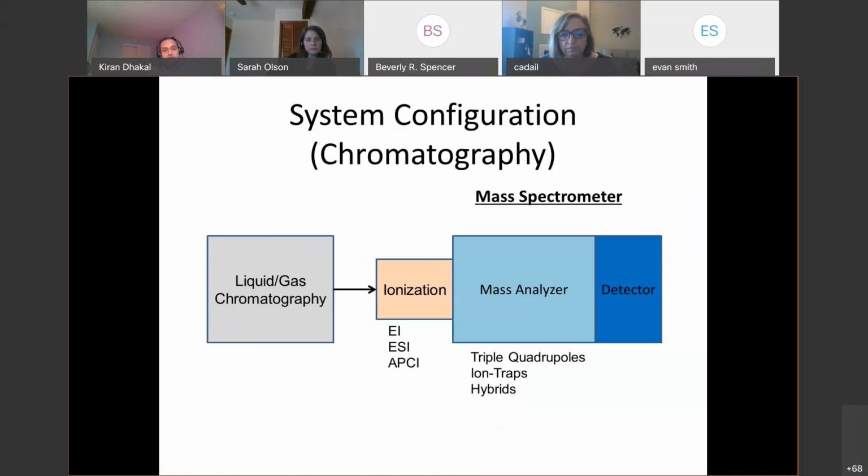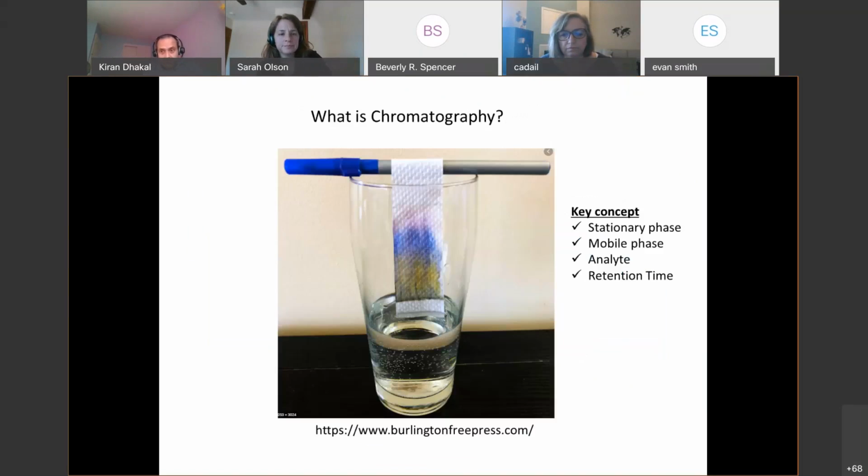Let's talk about the chromatography principle. This is a very simple principle. If you have a small blotting paper, a filter paper, or a paper that can absorb water, cut into a piece, and then make a marker line at the top and dip it into the water, it will absorb the water.